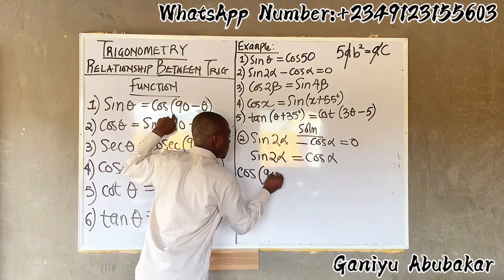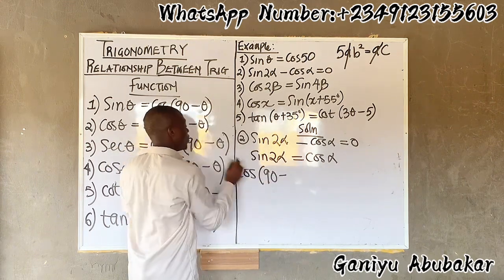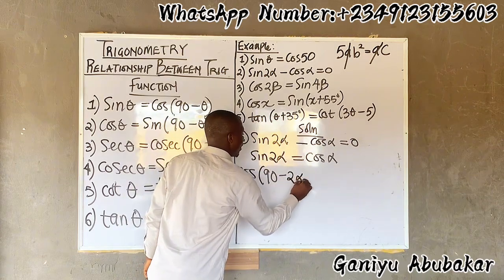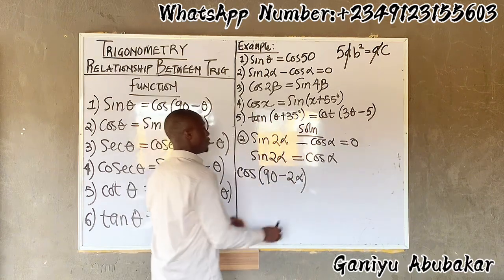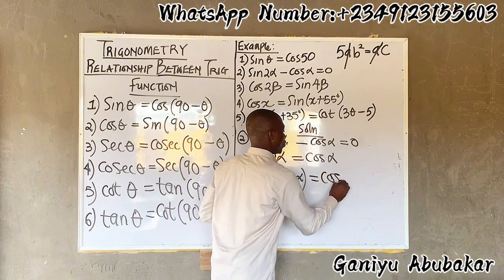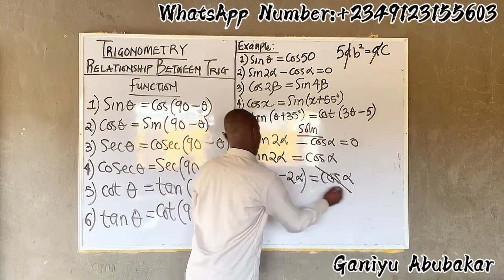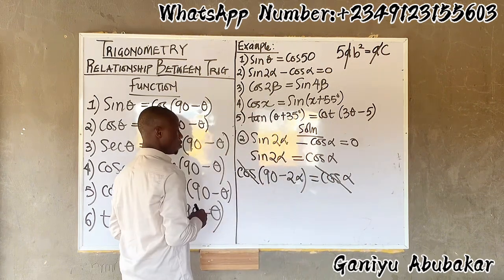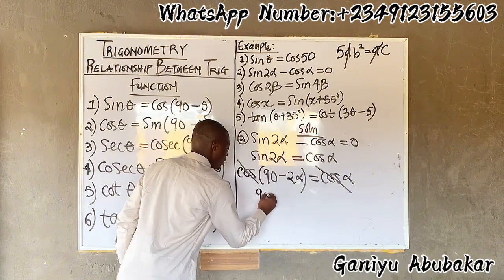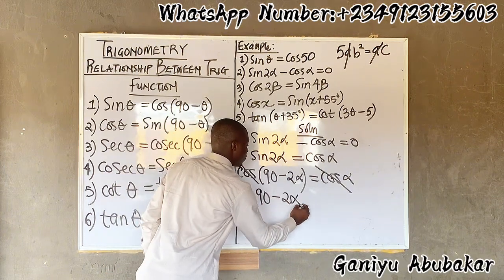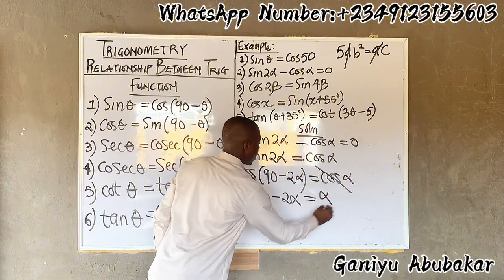I'll have cos of the complement, 90 minus what? The angle there is 2 alpha, right? Equal to cos alpha. This cos will cancel this cos. From here, I'll have 90 minus 2 alpha is equal to alpha.